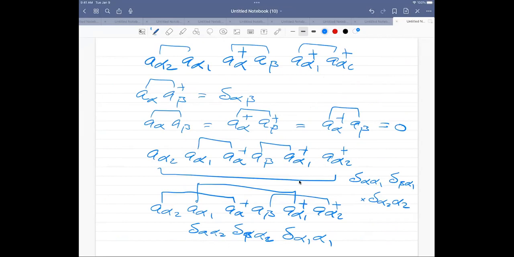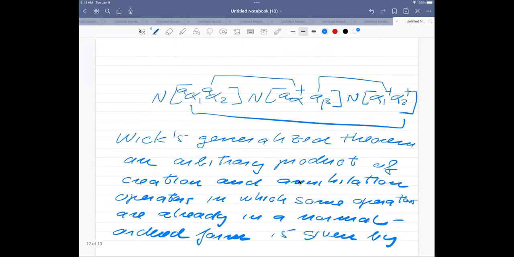So instead of summing up over all contractions, you only include those which are non-zero. And that means that you then need only to consider contractions between chains of normal ordered operators. And this is exactly what we had here.